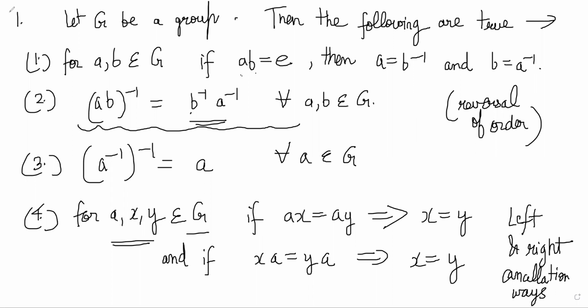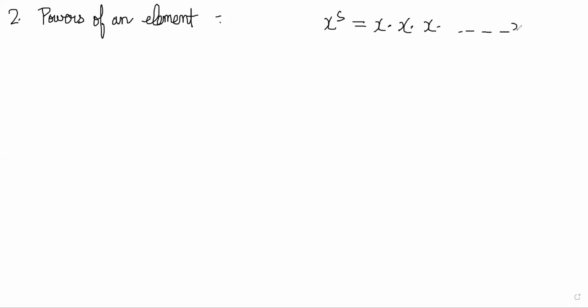The second set of properties that we want to look at are about powers of an element. When I say x power s, what I mean is I am doing the operation x dot x dot x, s times. So from this it follows that x power s times x power t will be equal to x power (s plus t), because you're just doing the operation s times here and t times here.